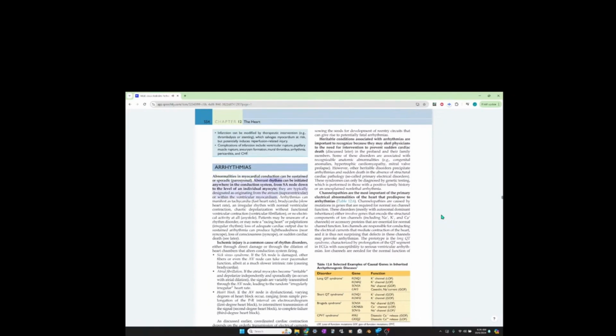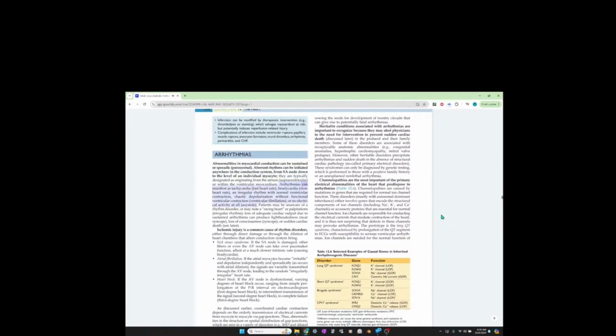Arrhythmias. Abnormalities in myocardial conduction can be sustained or sporadic. Aberrant rhythms can be initiated anywhere in the conduction system, from the SA node down to the level of an individual myocyte. They are typically designated as originating from the atrium or within the ventricular myocardium. Arrhythmias can manifest as tachycardia, bradycardia, an irregular rhythm with normal ventricular contraction, chaotic depolarization without functional ventricular contraction, or no electrical activity at all.